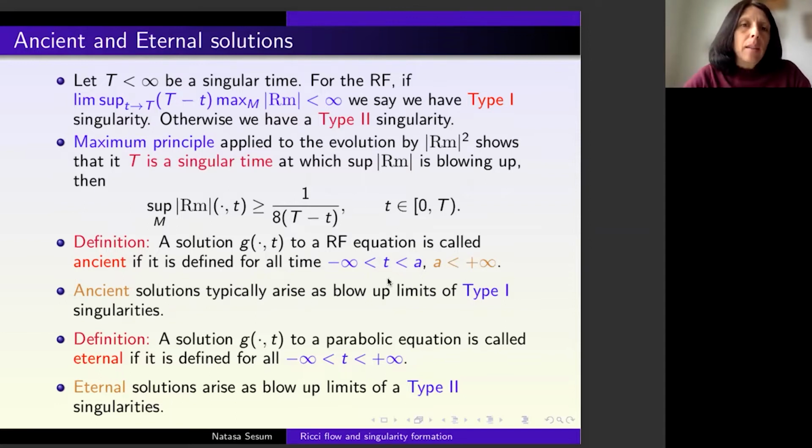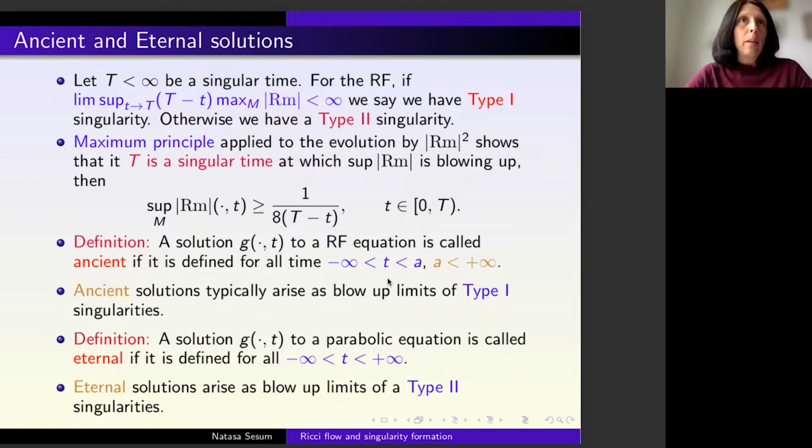Where does this capital T minus t appear from? If you take the norm of the Riemannian curvature and write the evolution equation, then by a very simple maximum principle you can prove the following. We know that at the singular time capital T the norm of the Riemannian curvature becomes infinite. Using that, you can prove that the supremum of the norm of the Riemannian curvature has to be greater than 1/(8(T minus t)).